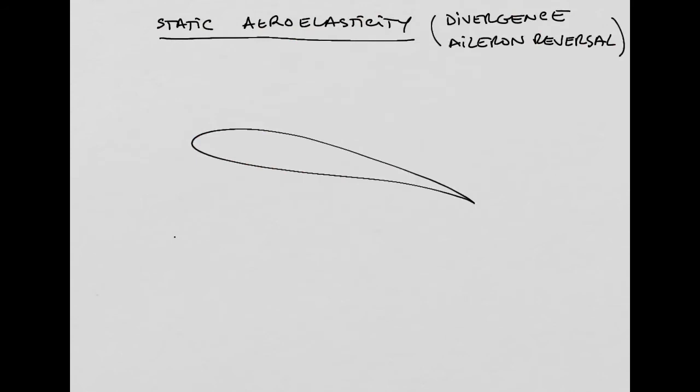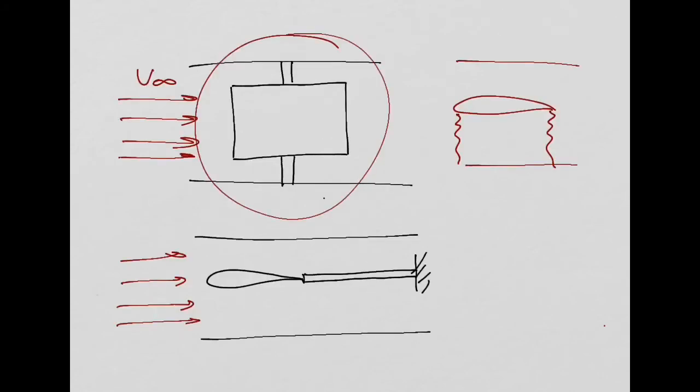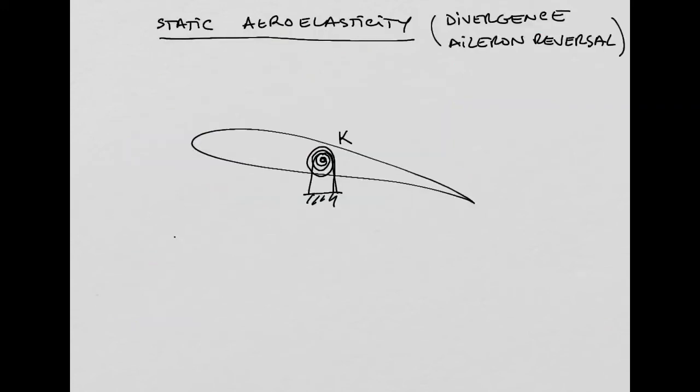Looking now at the cross-section or side view, I'm going to say that this airfoil is pivoted, and I will consider having here torsional stiffness K. This torsional stiffness is the torsional stiffness of these rods, or in a real wing, the torsional stiffness of your wing, right?